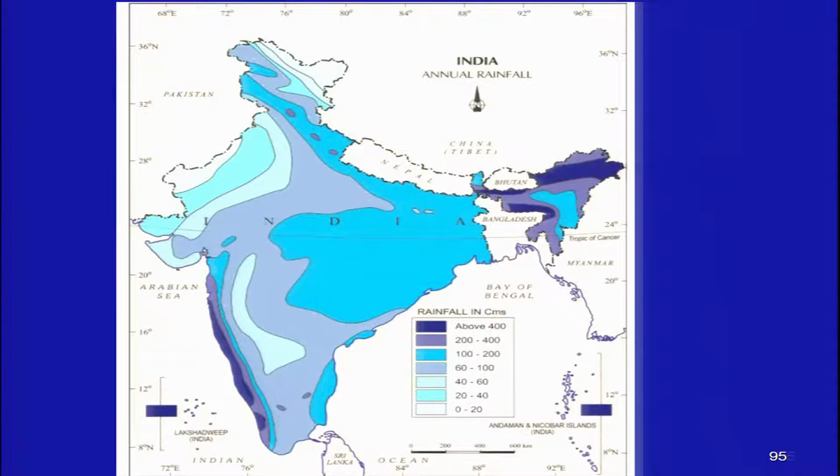So, one can easily make out that the areas which are having very high rainfall or which are going to experience very high rainfall during monsoon will be prone to flooding, but it may be the other way around.